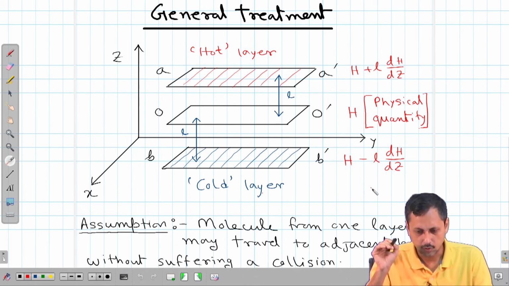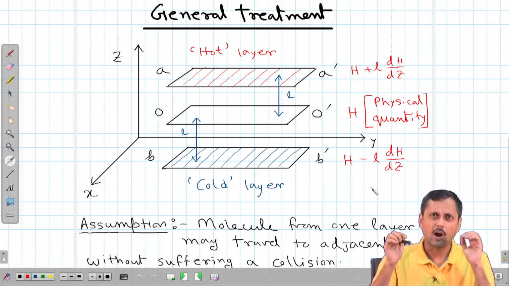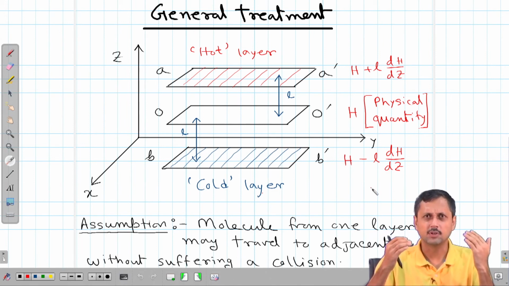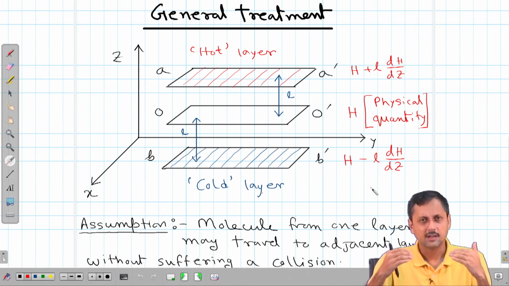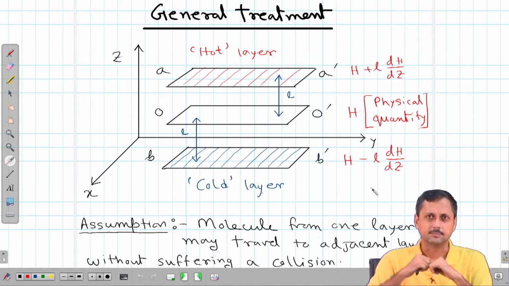Okay. So, we have these three layers, and how does this transport take place? The molecules from one layer may travel to the adjacent layer without suffering a collision.